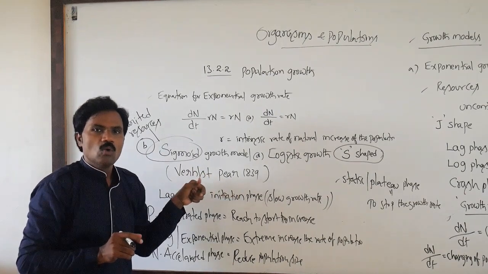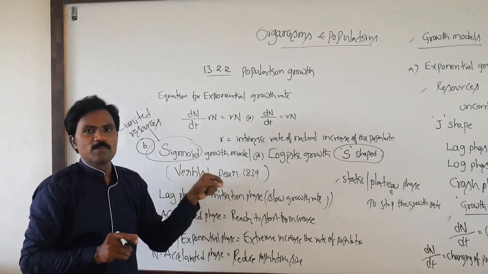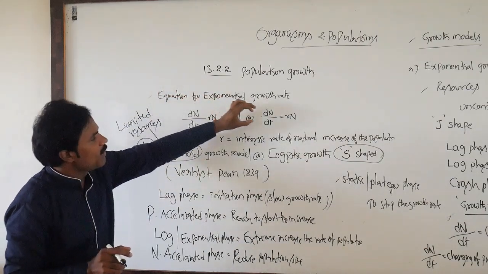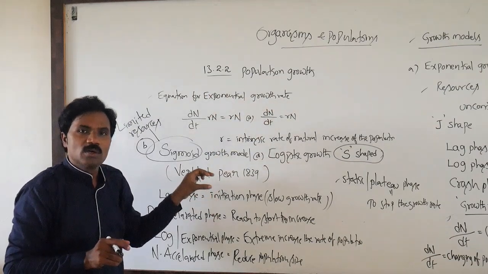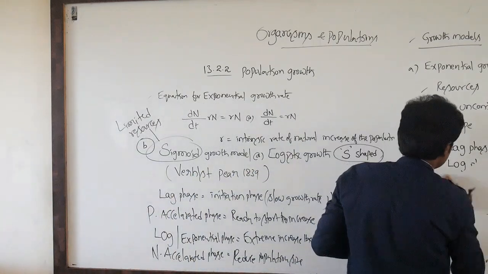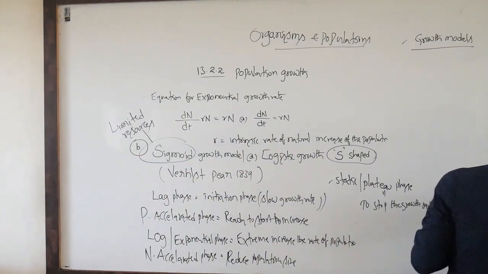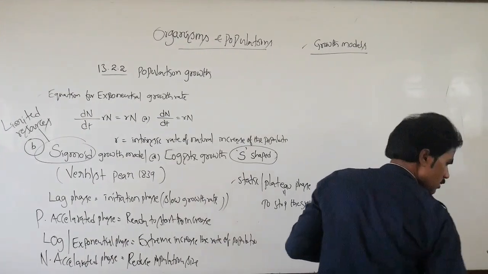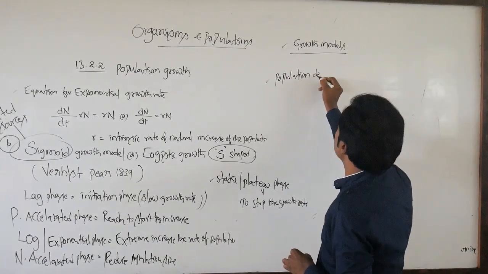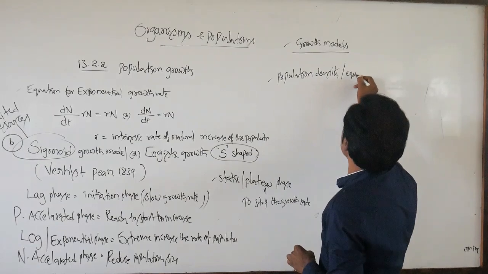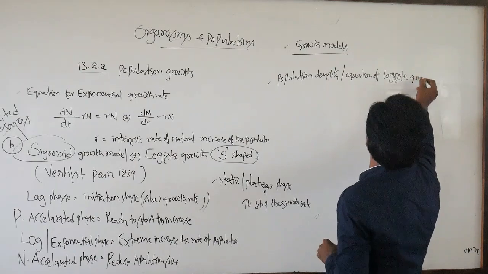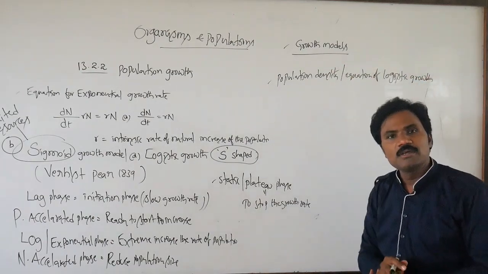What is the equation? What is the population density? Normally, the exponential growth equation is dN/dt = rN. Then similarly, what is the population density equation in logistic growth? How is it represented?